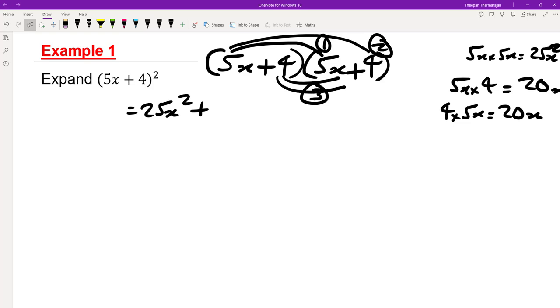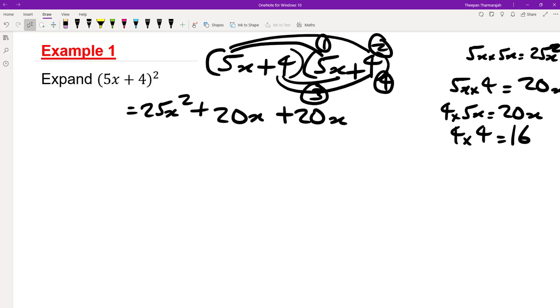And then we do 4 times 4 for the fourth step, which is 16. So what I end up with is 25x squared plus 20x plus 20x again plus 16.